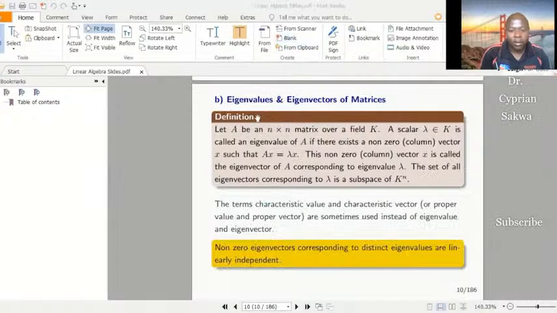Let us now look at eigenvalues and eigenvectors. So we begin by defining what eigenvalues are.